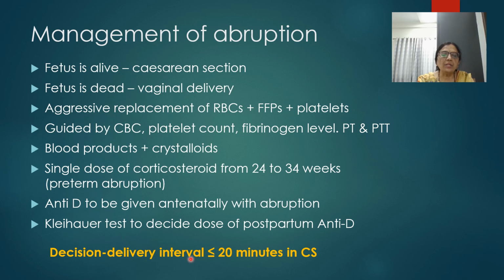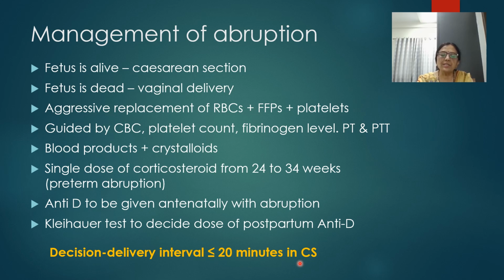Decision delivery interval is very important whenever we take a decision for caesarean section in patients with placental abruption. It should be less than or equal to 20 minutes to have the best outcome, especially whenever there is fetal distress or fetal bradycardia with placental abruption.